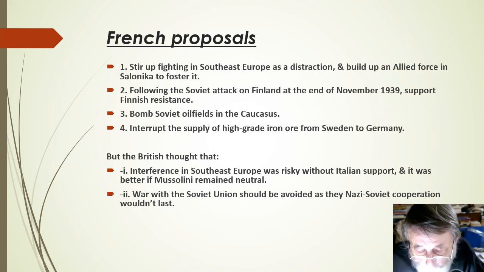Also, the British didn't want war with the Soviet Union, as they thought that the Nazi-Soviet cooperation wouldn't last. The French, however, thought that cooperation between the Soviet Union and Germany would last perhaps long enough to see the defeat of France. Anyway, the British didn't want to attack the Soviet Union or support Finland strongly.